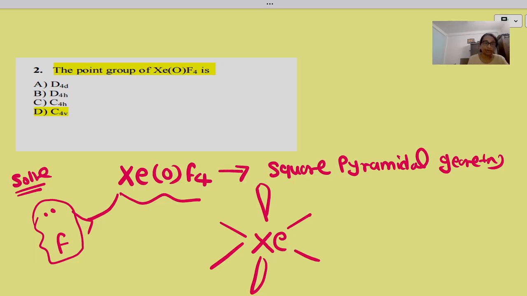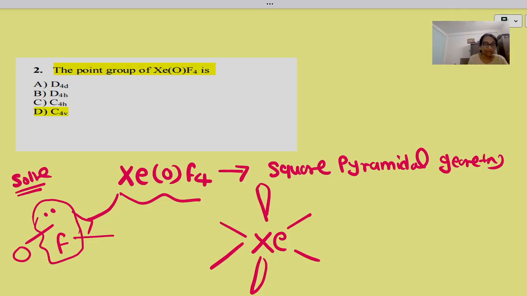According to this basic concept, we decide the oxygen goes on the axial position, with the lone pair. In this compound, fluorine is also highly electronegative, and oxygen is also a highly electronegative atom.